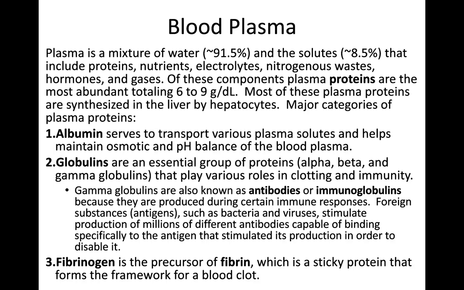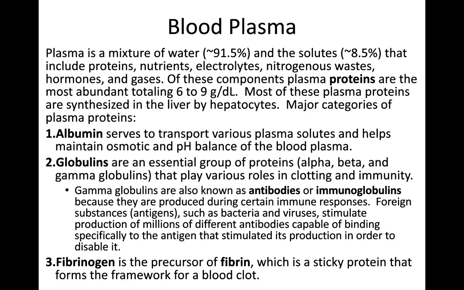Globulins are an essential group of proteins, and there are 3 different types: alphas, betas, and gammas. Alphas and betas are similar to albumins. They are going to be transporters, and that's why they're like albumins.